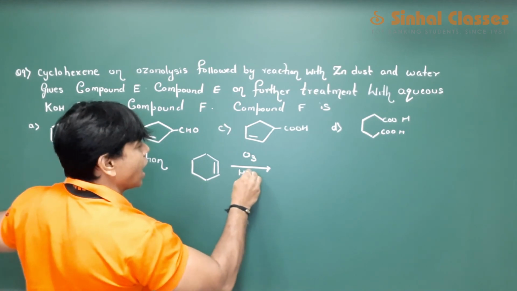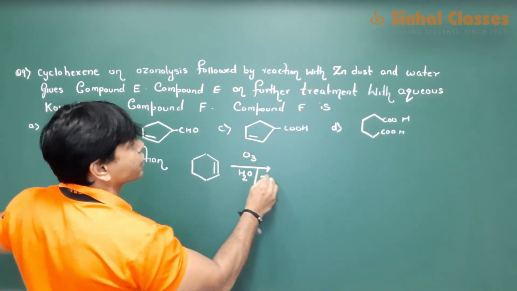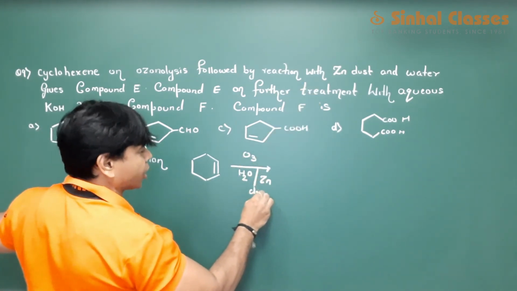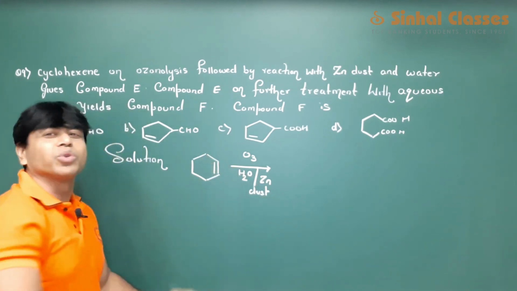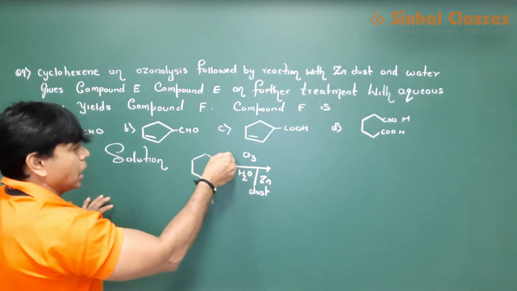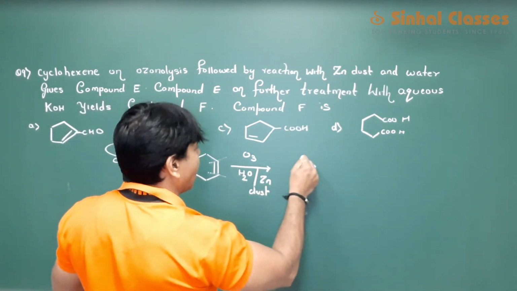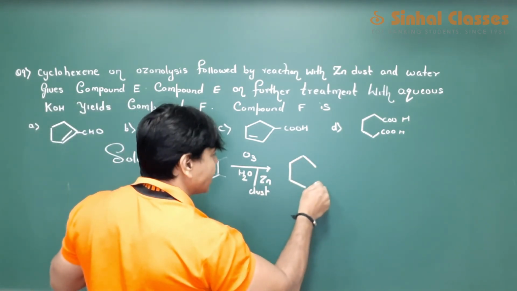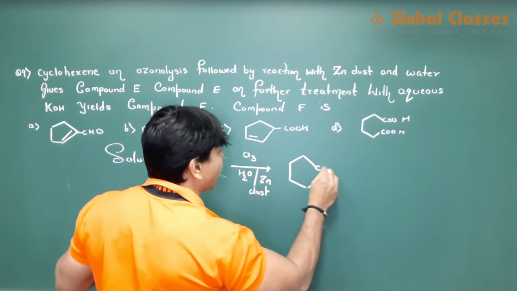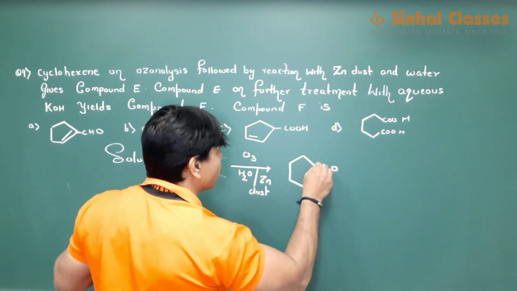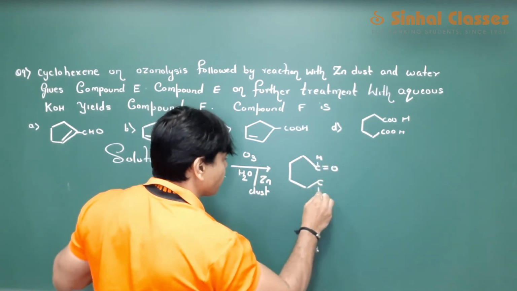Ozonolysis in presence of zinc dust and water. When you do ozonolysis, dissociation will take place from here and we will get the aldehyde part, CHO.